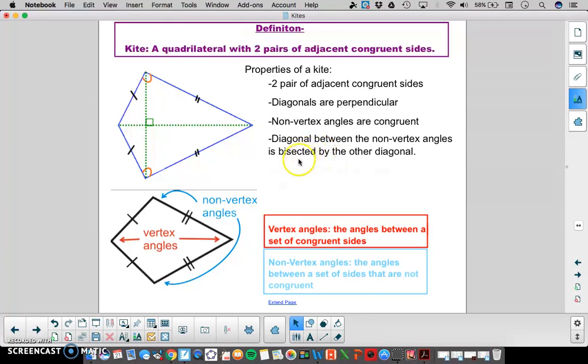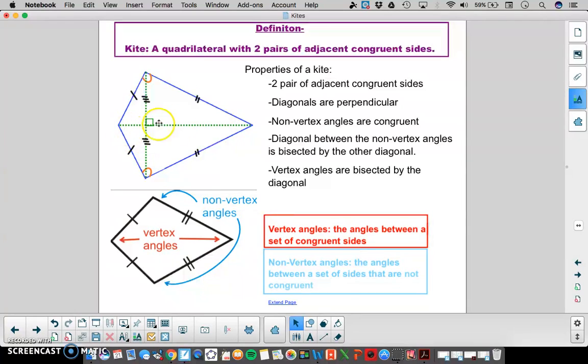The next property, the diagonal between the non-vertex angles is bisected by the other diagonal. So the diagonal between the non-vertex angles is bisected by that other diagonal here. The last property of a kite is that the vertex angles, these two angles here, are bisected by the diagonal that goes through those.